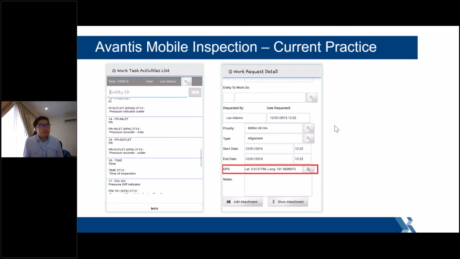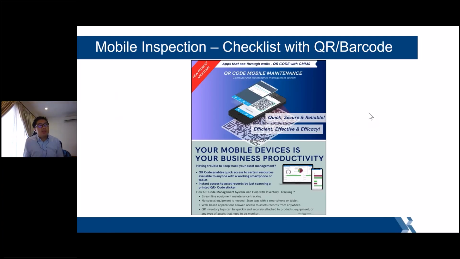Okay. The next thing as well, I think now during the time of COVID, we are quite familiar with the MySejahtera QR code, right? So one thing that we have as well for this CMMS system is that some customers tag their assets with QR codes.